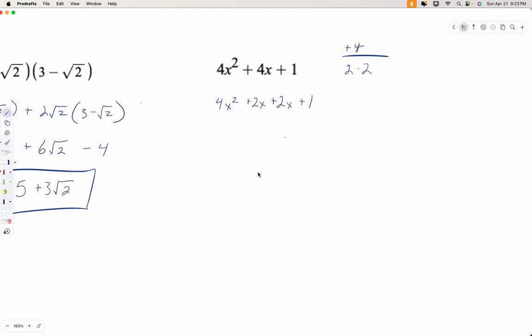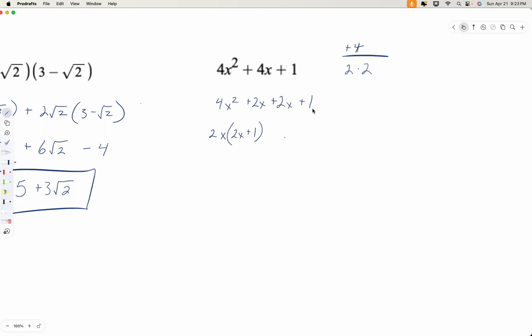Really straightforward. All right, we know if we combine these two, we get this. So now I can factor out of here. I can factor a 2. So if I say 2 times, actually I can factor out 2x. So let me undo this. I can say 2x times 2x plus 1, right? 2x times this would give us this, and 2x times this would give us this.